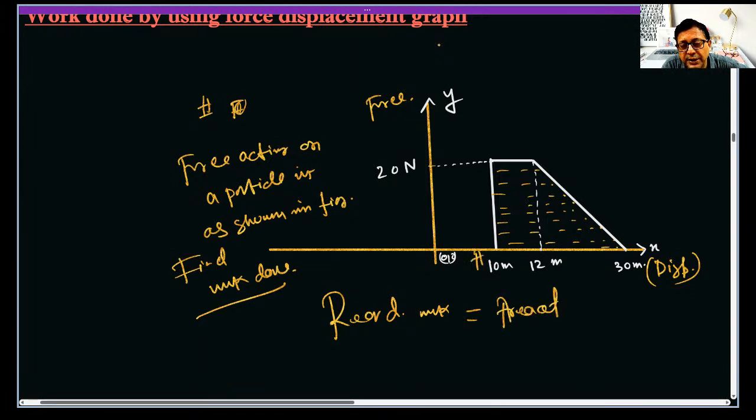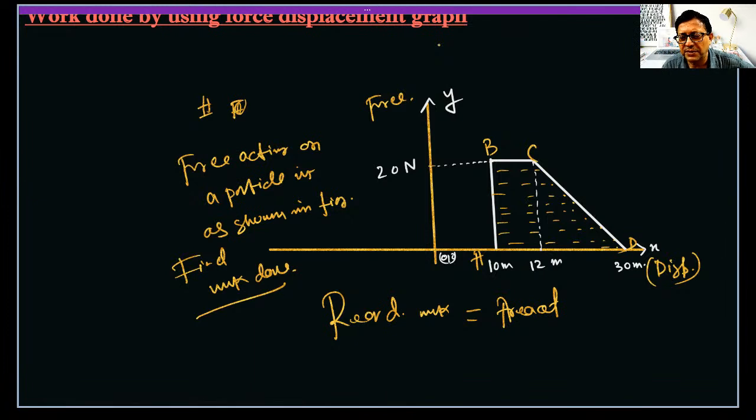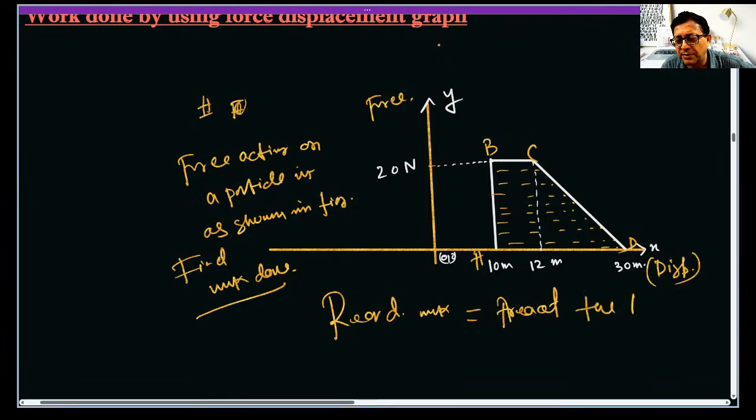Area of this diagram A, B, C, D. Trapezium, no? It's a trapezium. Trapezium area is half base into altitude. Half into 20 into 20. Base is from 10 meter to 30 meter, 20 meter, and this one 20 Newton. So it gets cancelled, it will be 200 joules.